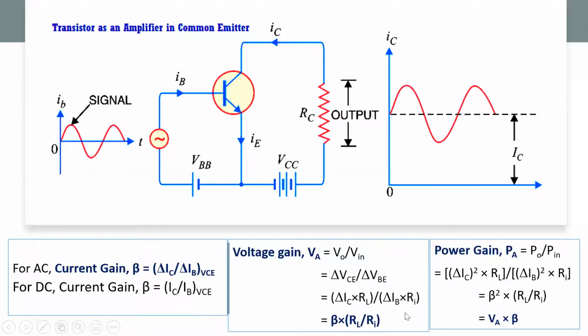Similarly, power gain, output power by input power, watt by watt, so no dimension, no unit for power gain. Beta, that is current gain, also has no unit. So remember, current gain doesn't have the unit ampere. It is a dimensionless, unitless quantity. Similarly, voltage gain and power gain are also dimensionless, unitless quantities. Is this clear to you? The current gain, voltage gain, and power gain?